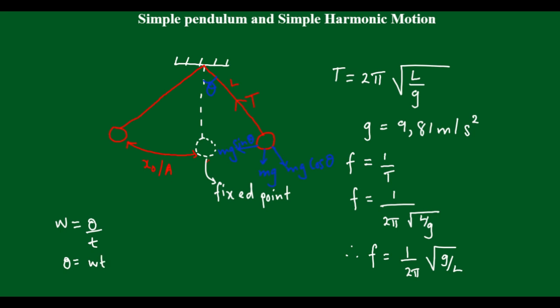So since W is equal to theta over T, and we know that 1 over T is equal to f, it means we can write W as 2 pi multiplied by f. So that's all we are required to know on the simple pendulum.